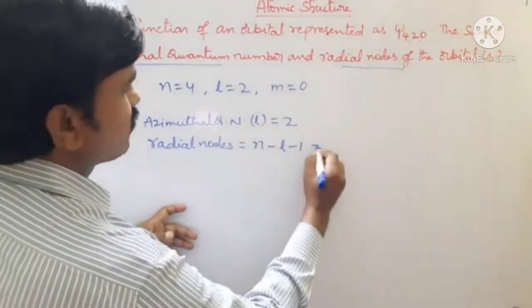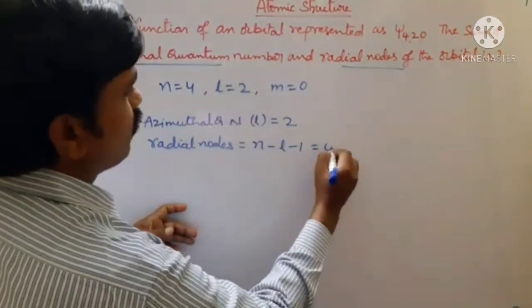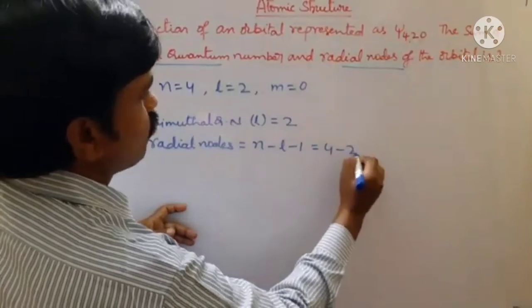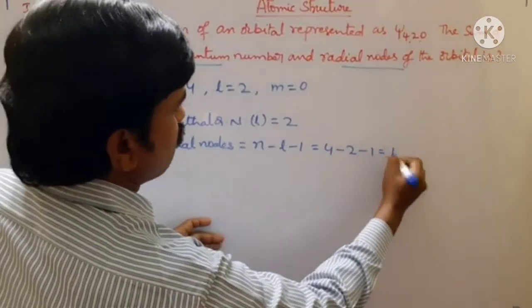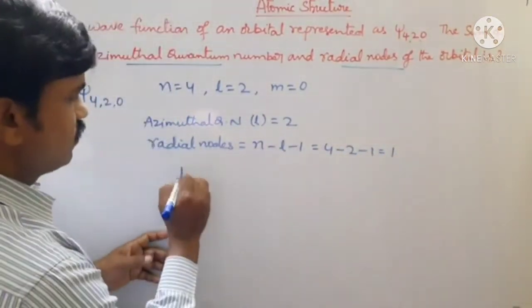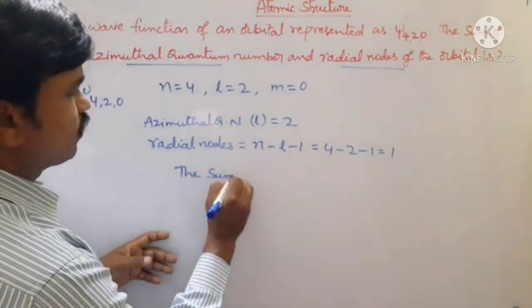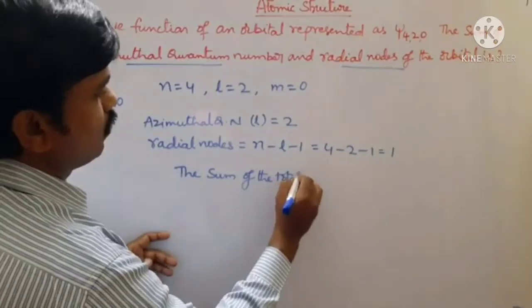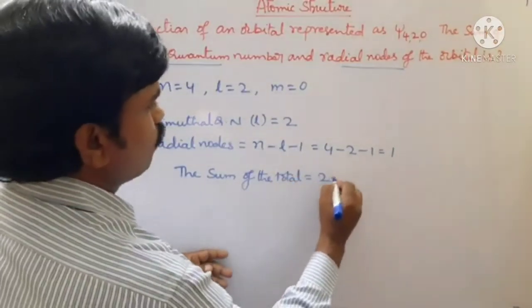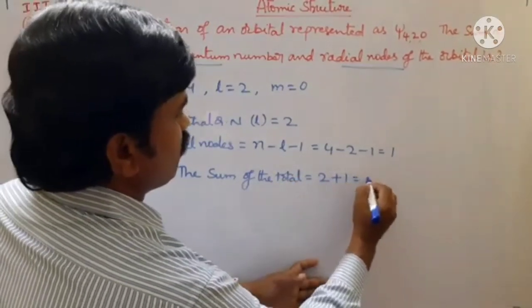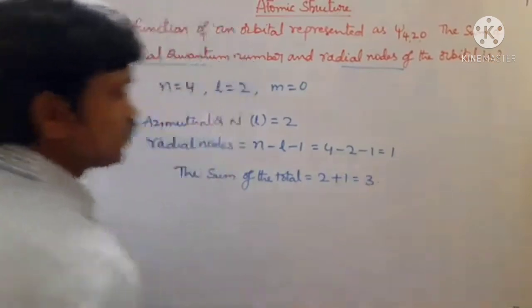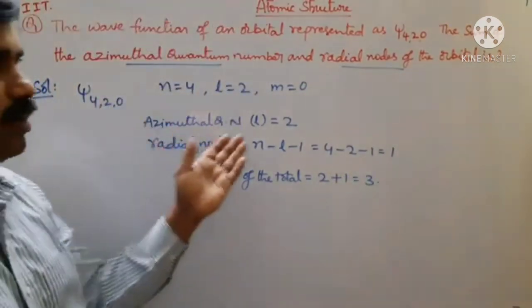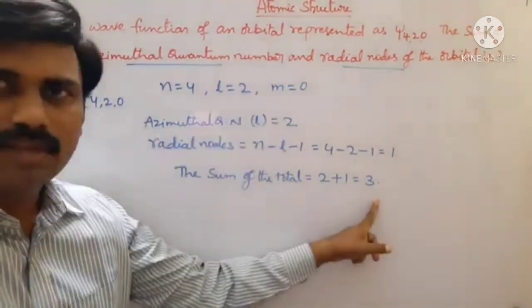So here it is, n value is 4 minus l value is 2 minus 1, it is 1. Now the total sum is equal to 2 plus 1 is 3. So sum of the azimuthal quantum number and radial nodes value is 3.